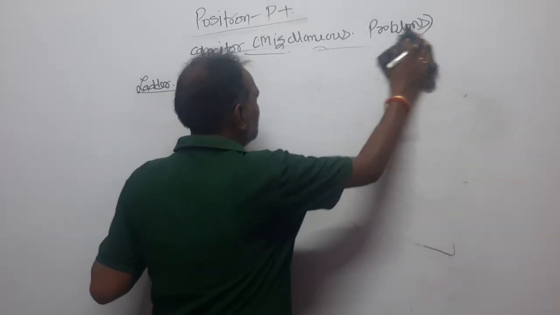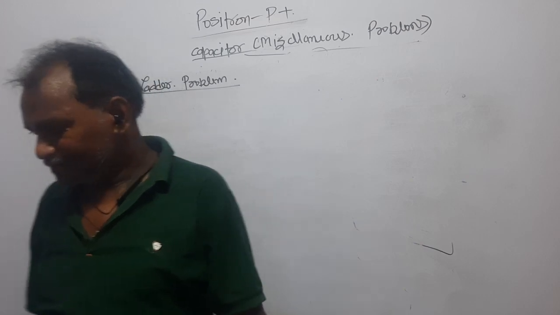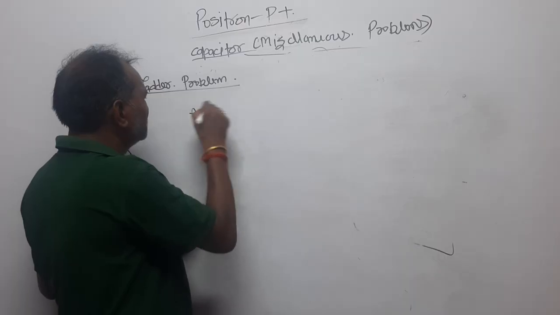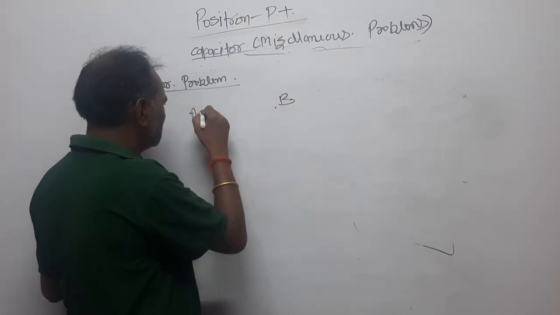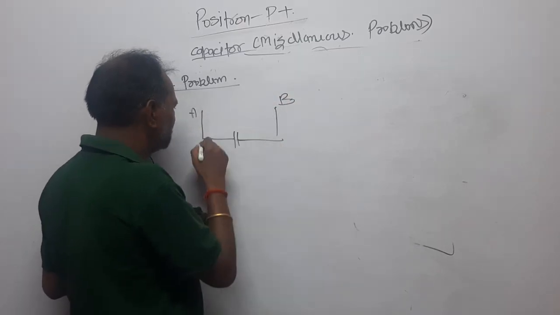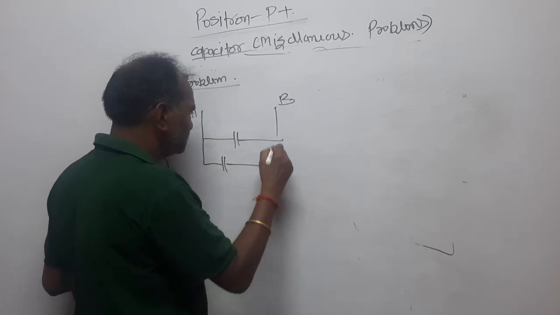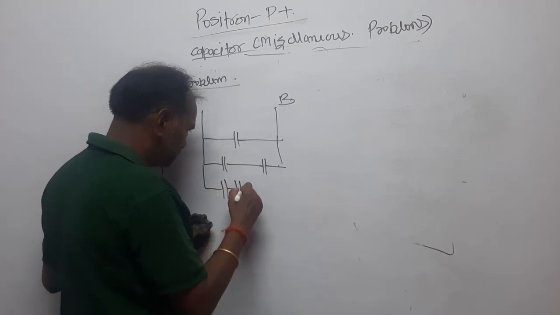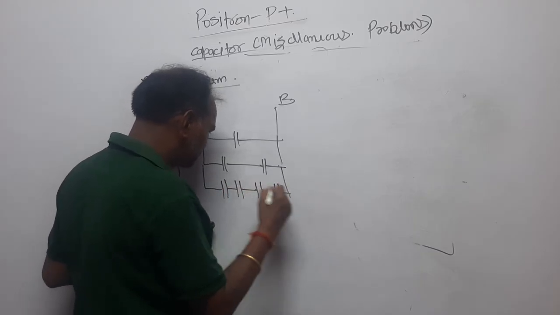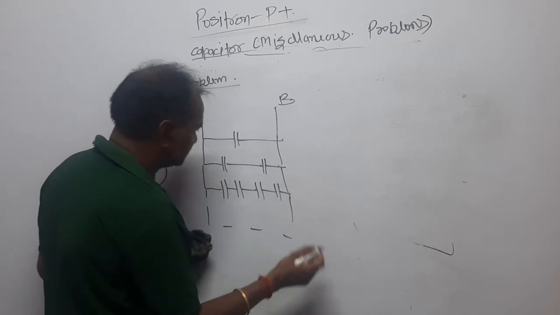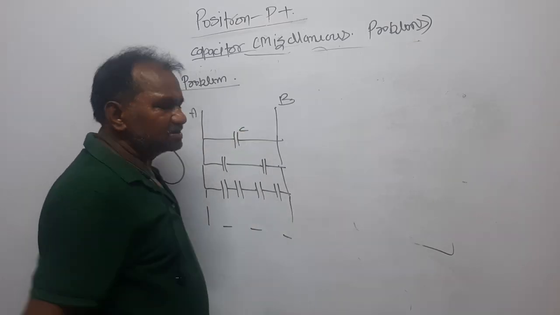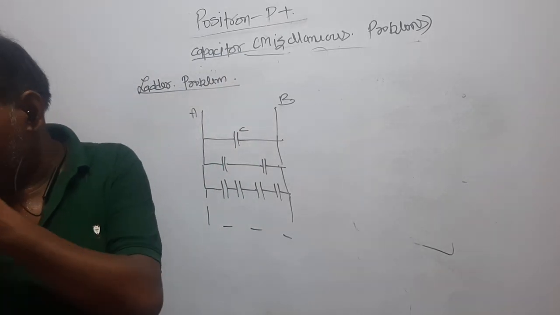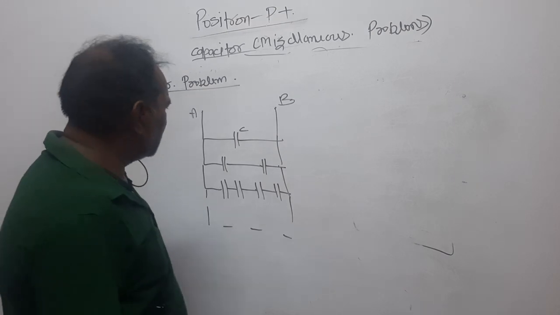Next problem is one that is sometimes asked. Each capacitor is C, and we have to find the equivalent capacitance between A and B. Dear student, look here.